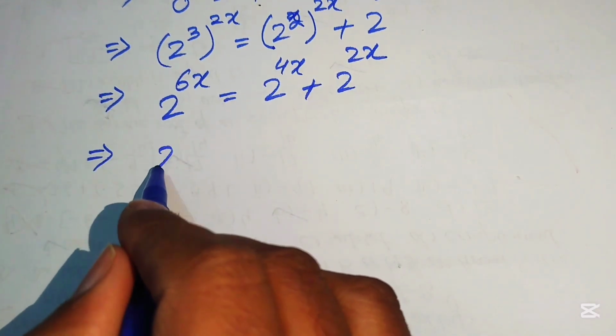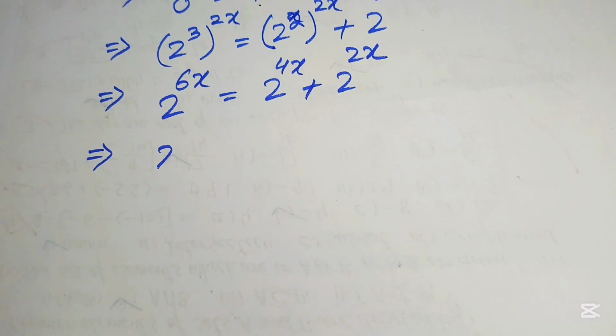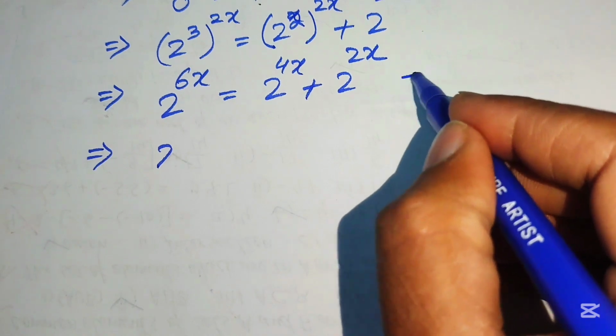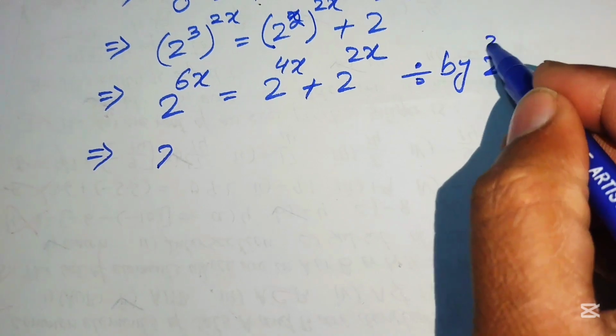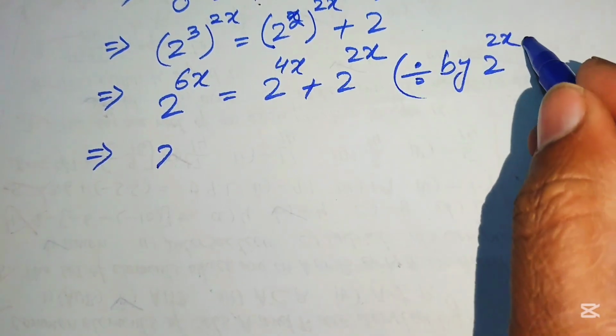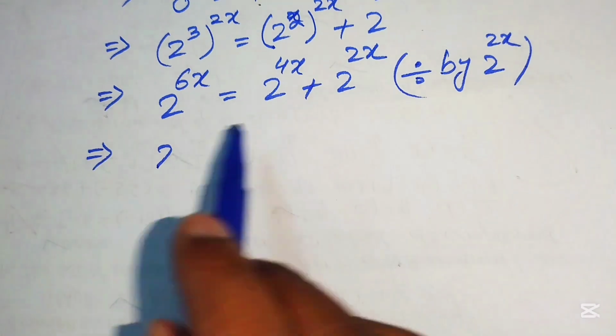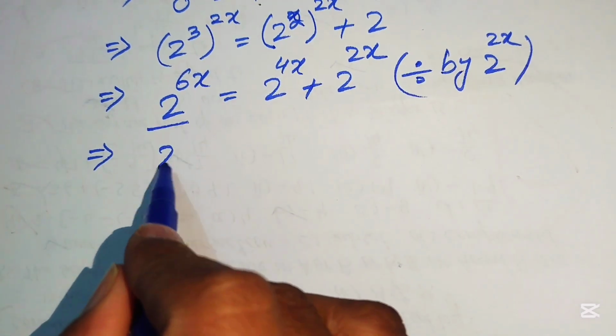Now we rewrite this equation. First you see that we have the term 2 to the power of 2x present in each of these terms. So we divide both sides by 2 to the power of 2x. We divide this term as 2 to the power of 2x, and we divide this term also by 2 to the power of 2x.